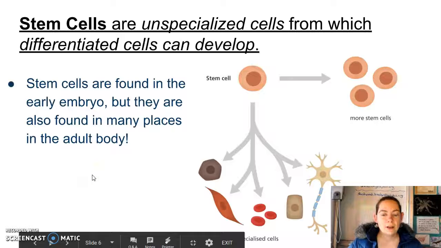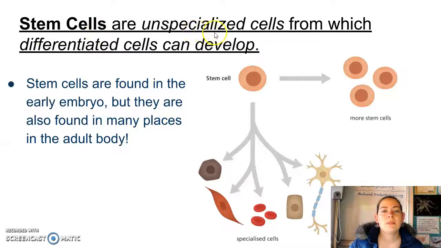All right, so stem cell is the word that we use to mean unspecialized cells. That means they don't have a particular job that they do. They don't perform any specific function right away. They're kind of just like a blank slate. They could become anything. So these are the cells that differentiated cells come from.